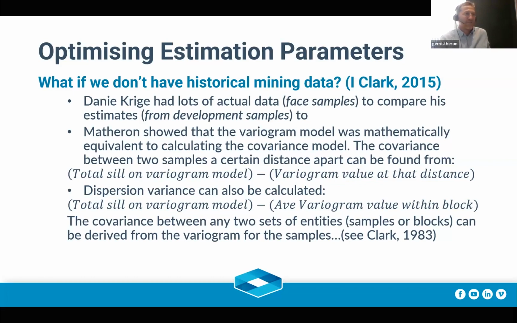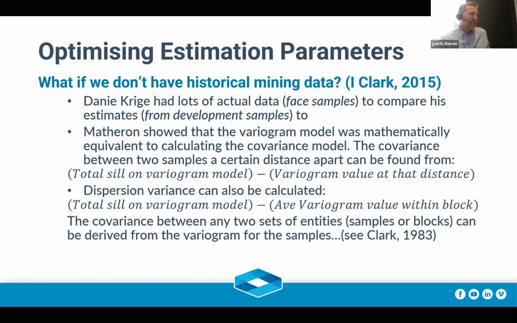The actual data was his face samples that he compared to his estimate. The estimate samples he got from the development drives. So he took his development samples, estimated the panel, took all the face samples, and then compared it. We obviously don't have that luxury.